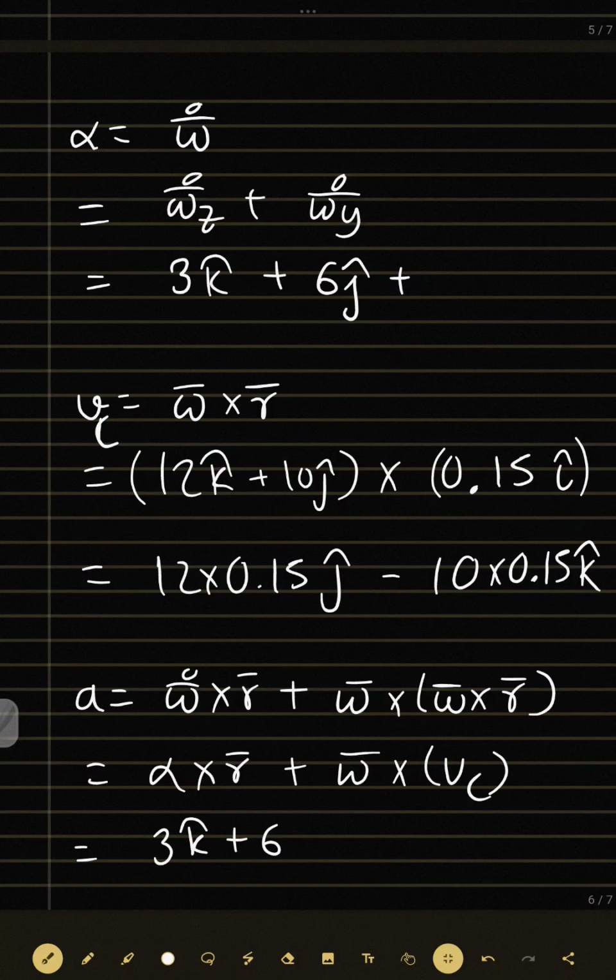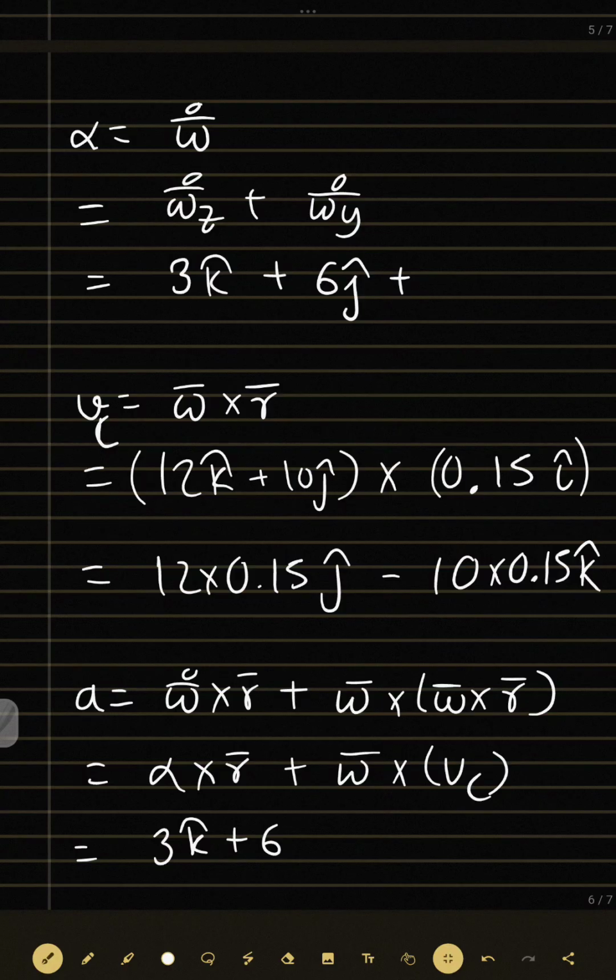Omega p dot plus omega s dot, but there is a twist. In omega p dot, the direction is not changing, only the magnitude is changing. So there is 3 rads per second square k cap plus omega s. Like he said, there is a change in magnitude. What is the change? 6 rads per second square.